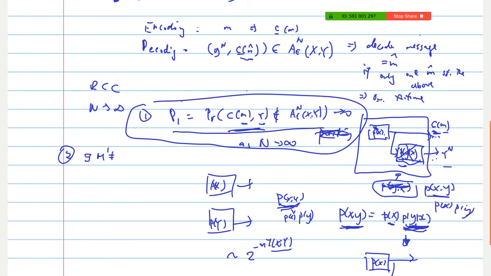And you still have that anything drawn from x^n and y^n being not jointly typical still has very low probability.